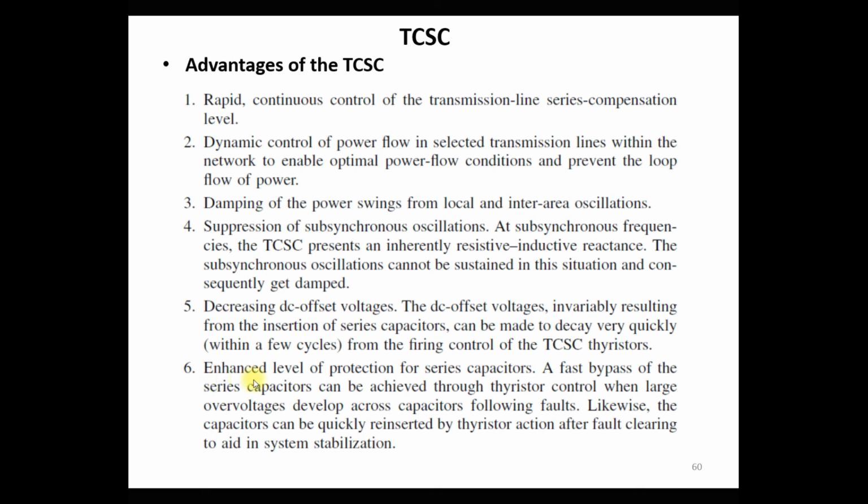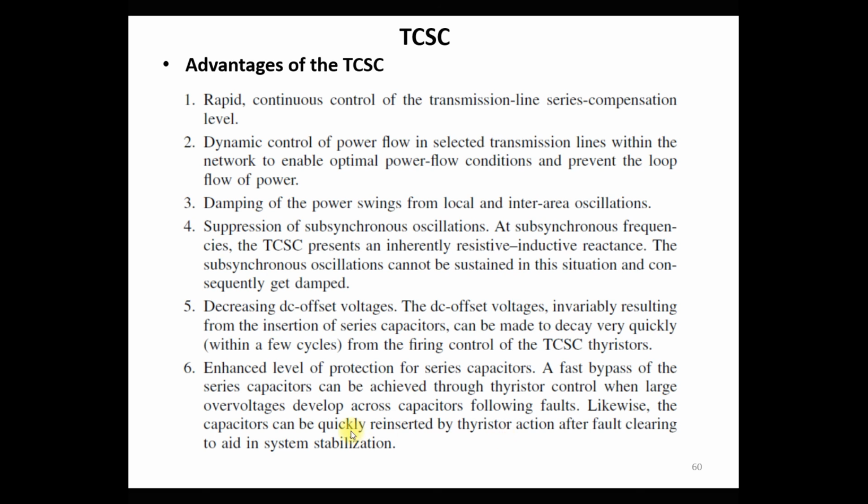Another advantage is that it enhances the level of protection for the series capacitor. Fast bypass of the series capacitor is achieved by the thyristor control when large overvoltage develops across the capacitor after the faults. Likewise, the capacitor can also be reinserted into the system by thyristor control action when the fault is cleared. For system stabilization, we require the fixed capacitor in series with the line.